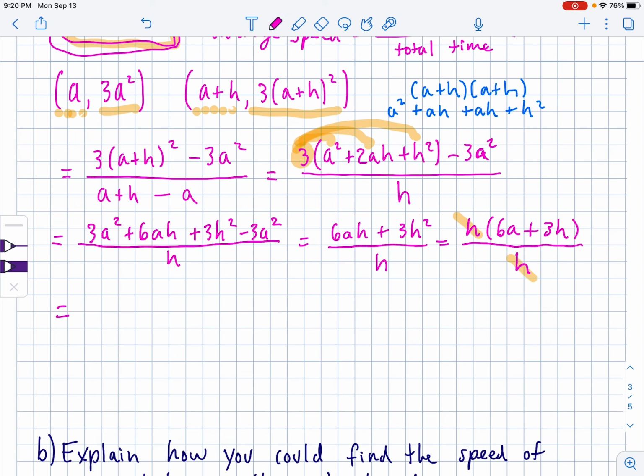So we are left with 6a plus 3h, and technically in terms of the problem, this would be meters per second. That is not the instantaneous speed, it's the speed between time a and time a plus h.